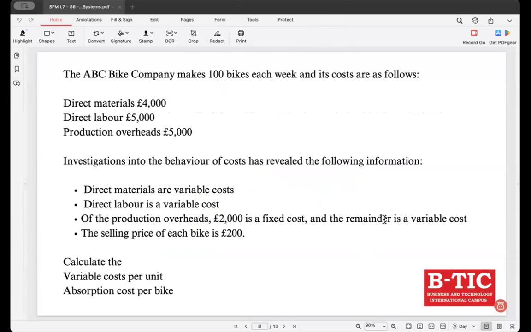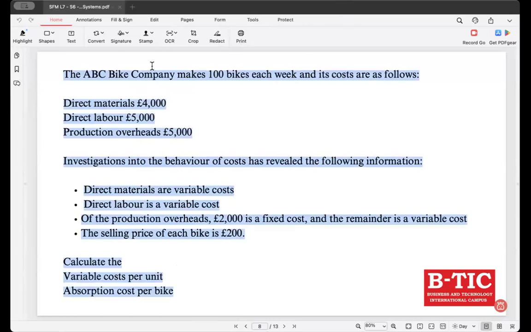Okay, we have another question, but now it's a little complicated compared to the previous question. Here it says the ABC bike company makes 100 bikes each week and its costs are as follows. These are the information given to you.